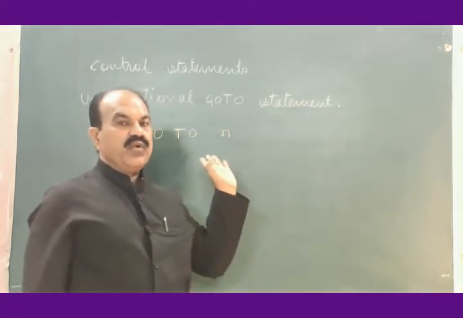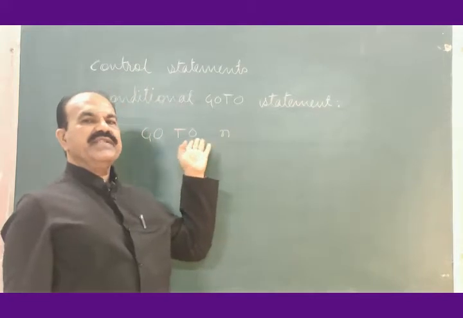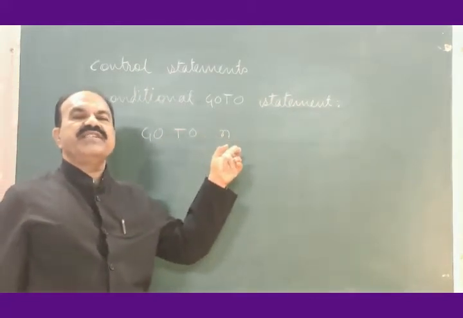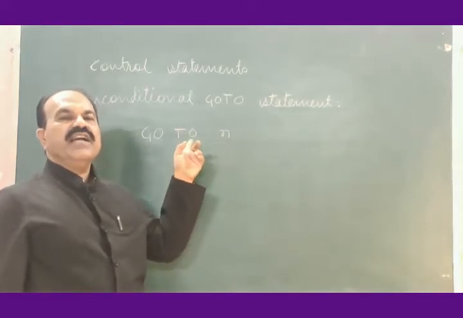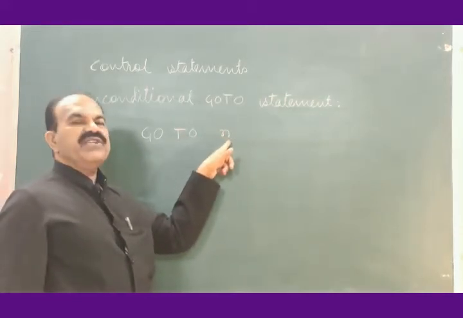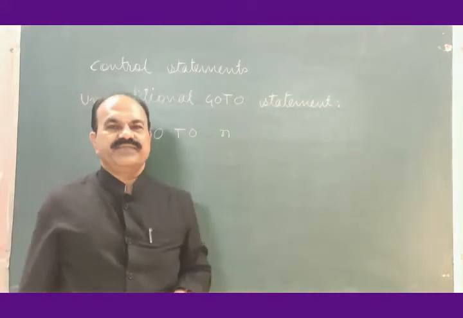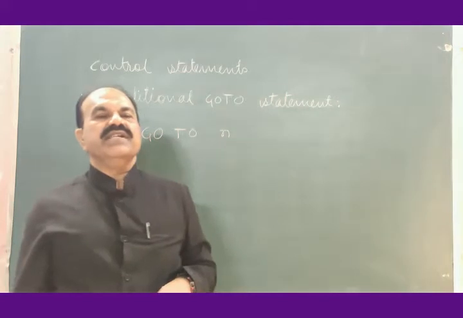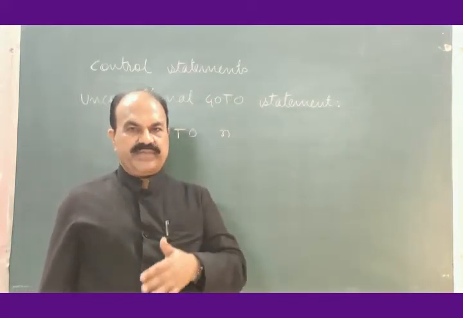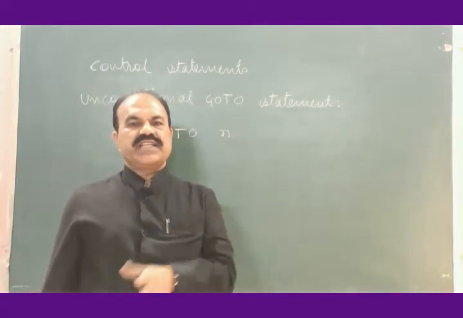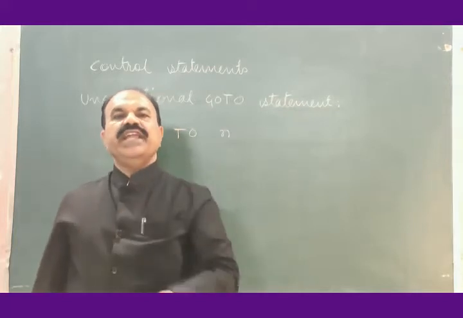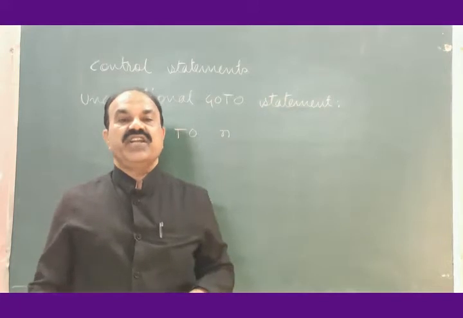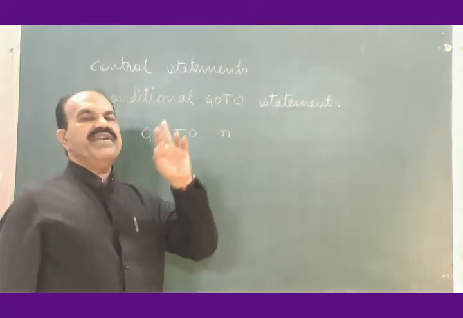Here, no condition is set, as you see. As soon as this statement is executed, the control is sent to the statement whose number is n, and therefore this statement is known as the unconditional go-to statement, which is used to transfer control to any other statement without meeting any condition.